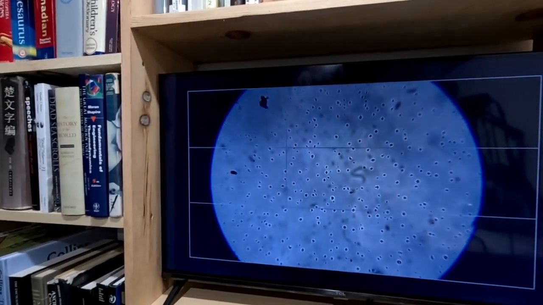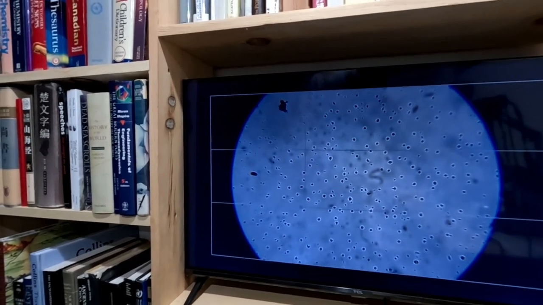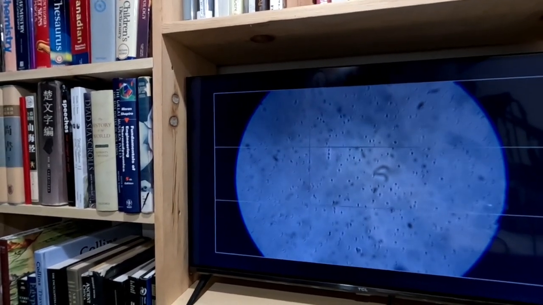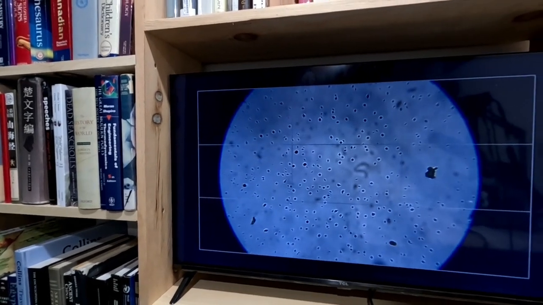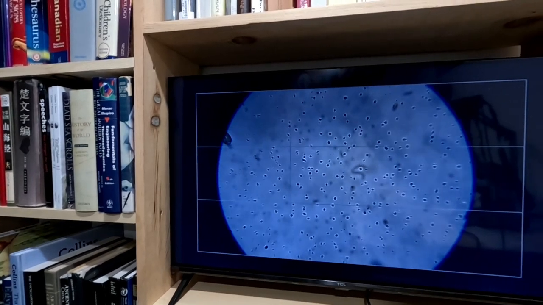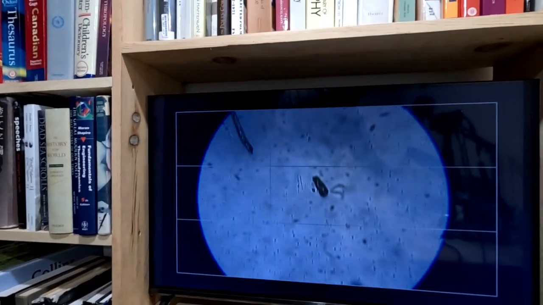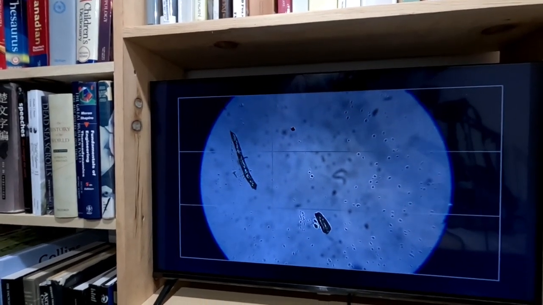This is 250. You can see that particle, and these things, that's graphene oxide.